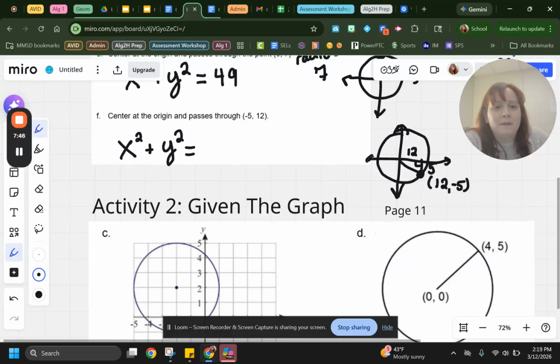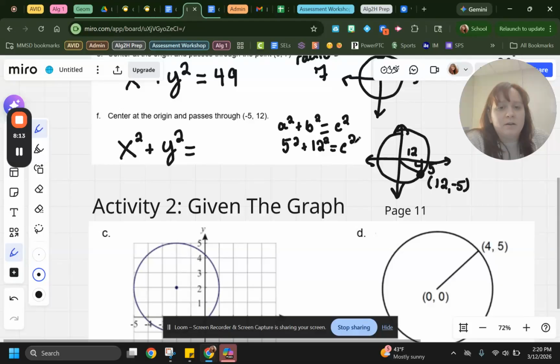All right, so I'm going to plug this into my Pythagorean theorem, or you can use the distance formula with 0, 0, and 12, -5. I know anytime I'm using the Pythagorean theorem to find a distance between 2 points, I'll be finding my hypotenuse. So I'm going to have 5 squared plus 12 squared equals c squared.